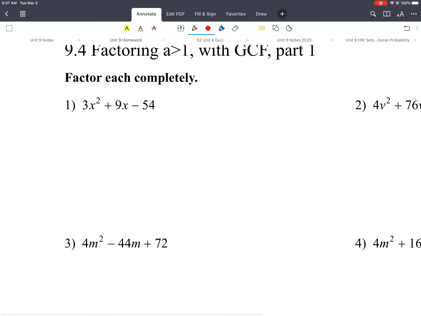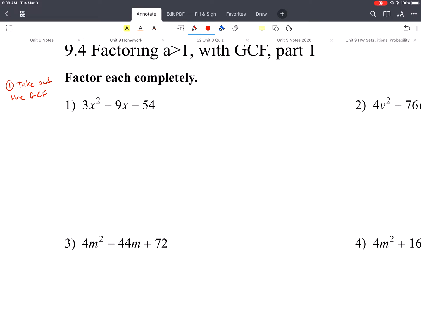for any problem, your first step should be taking out the greatest common factor. Okay, always see if there is one. It'll help you make the problem a lot easier.